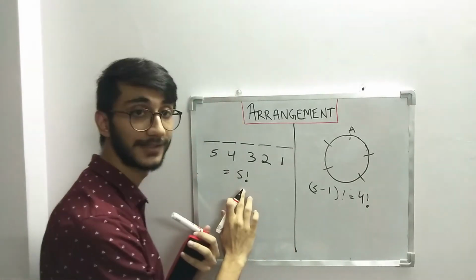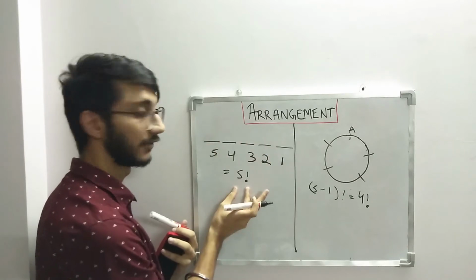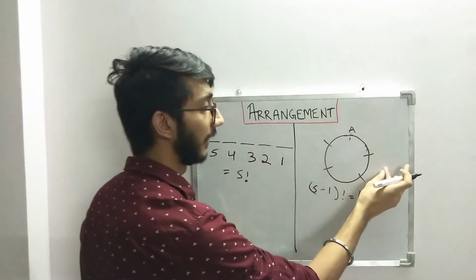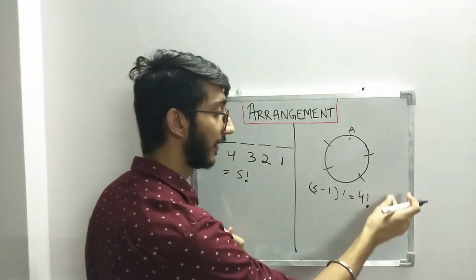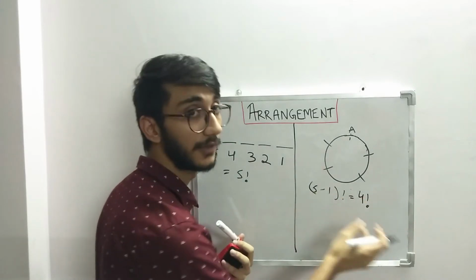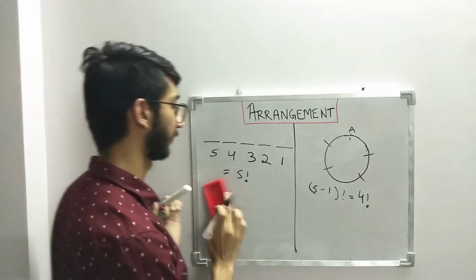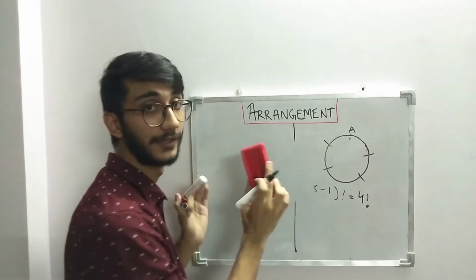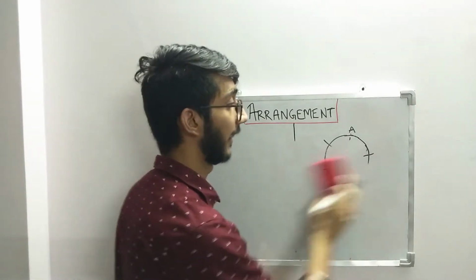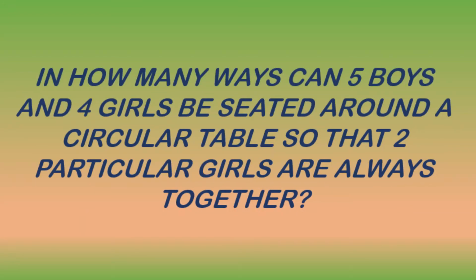So in normal cases, n is 5, so the answer will be 5 factorial. In circular cases, if I have n equals 5, my answer will be n minus 1 factorial. So that is 4 factorial. So this was the difference between the normal arrangement and a circular arrangement, and now we'll understand it with the help of some questions. Right.